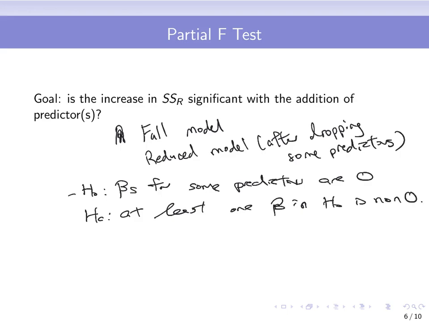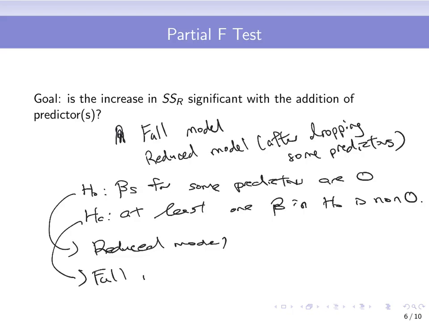Now in words, what the null means is that we favor the reduced model, and the alternative is saying we favor the full model. So it's a comparison between a reduced and a full model. If you end up rejecting the null, it means you support the full model, and if you fail to reject the null, you go with the reduced model.